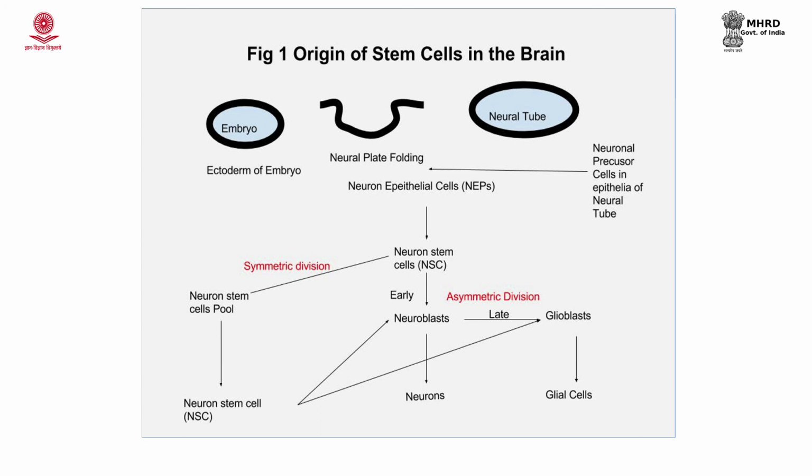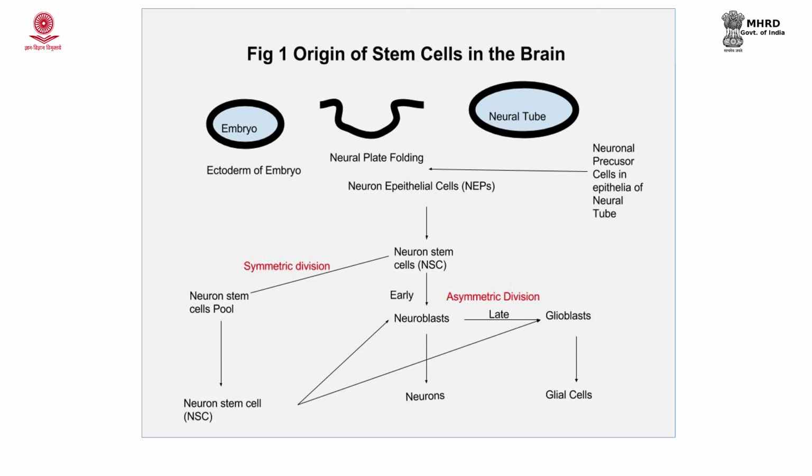In that case, what is seen is that the epithelial cells house the neural precursor cells, and these neural precursor cells give rise to neural stem cells. The neural stem cells can either undergo symmetric division or asymmetric division.